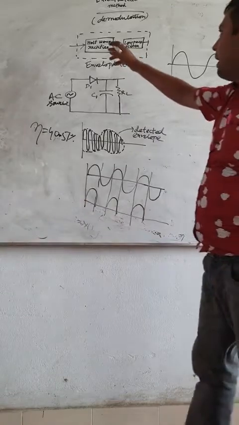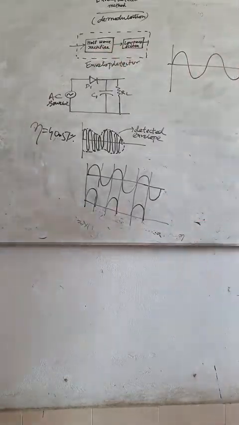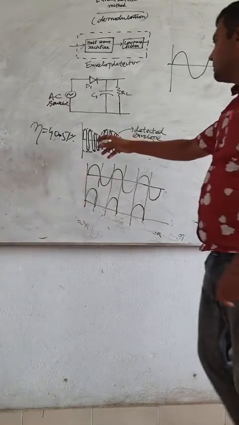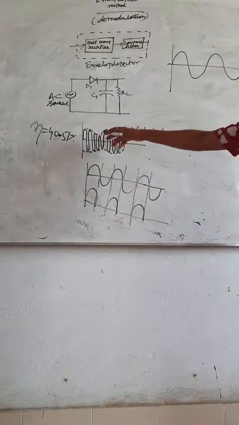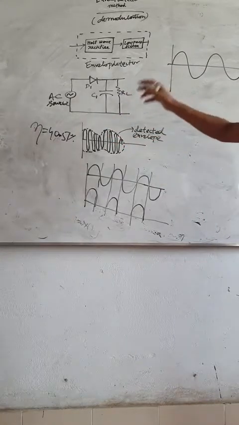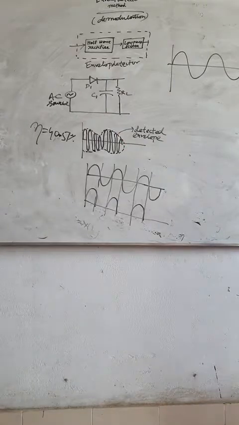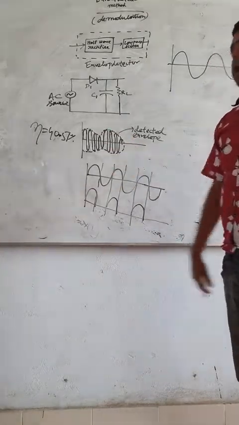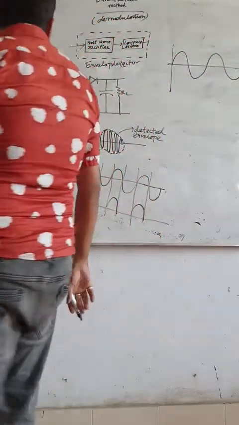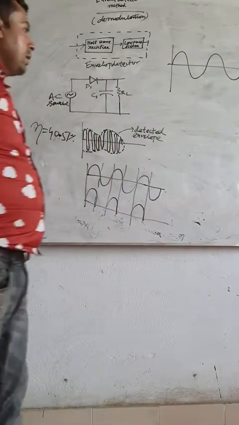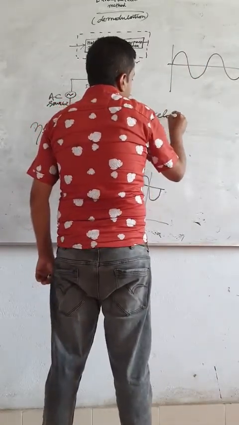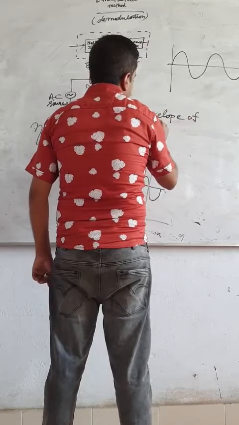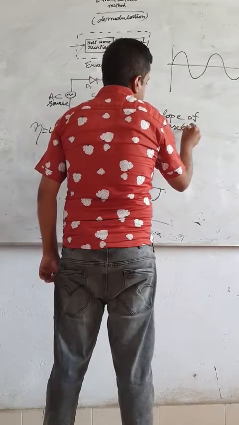Now a half-wave rectifier and a low-pass filter will act as an envelope detector. This is our modulated signal. From this modulated signal, the envelope detector will help us to detect the envelope of the baseband signal.